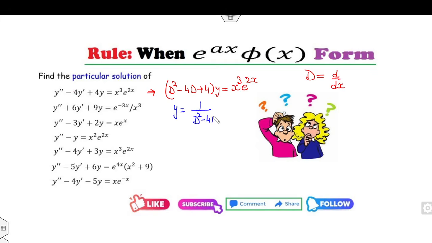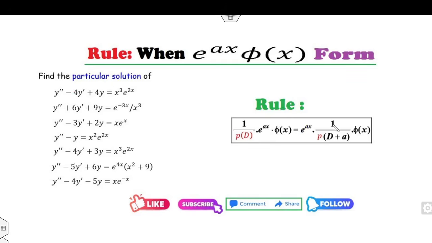Clearly this part is my polynomial, which I denote as 1 over polynomial of D. Once you write the problem in terms of y, the simple rule is 1 over polynomial into exponential: you take the exponential outside and replace capital D with capital D plus a.